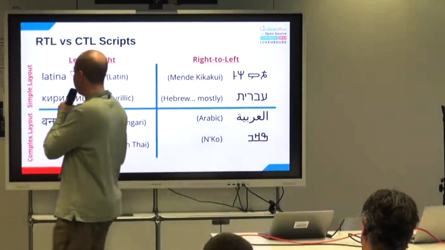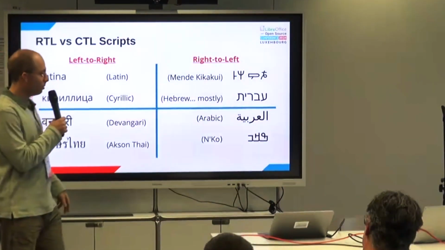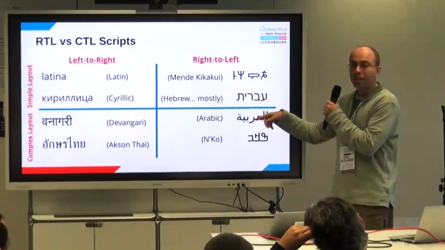Another distinction, which is not the same one, regards the simplicity of the layout of the glyphs. Do I just have one glyph for a given character, or does the glyph change or need to be adapted according to the context? Whether it's at the beginning of the word, at the end of the word, or the other glyphs that are next to it, can it connect to them?